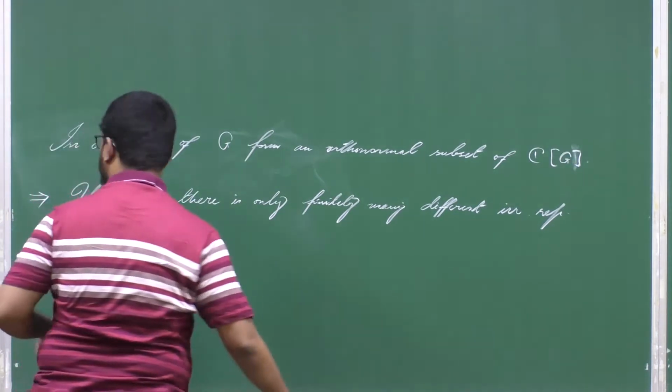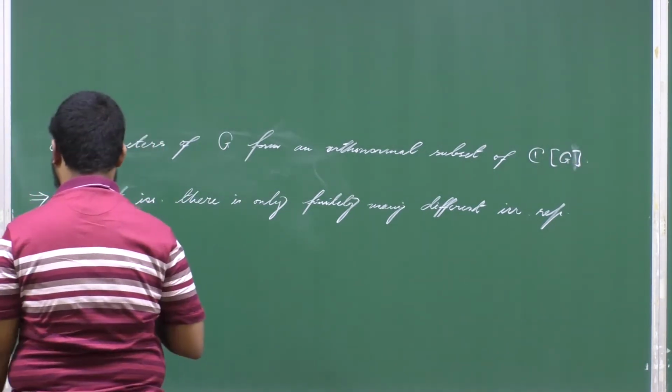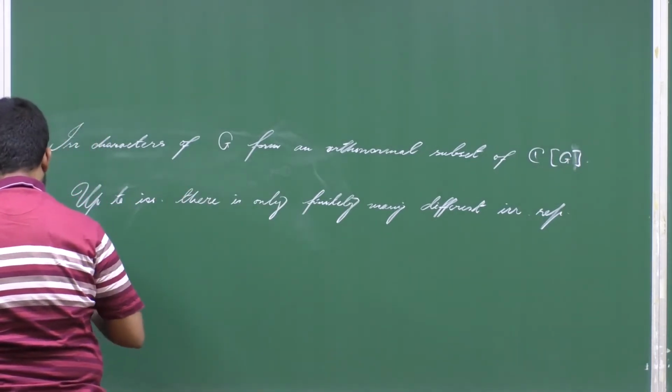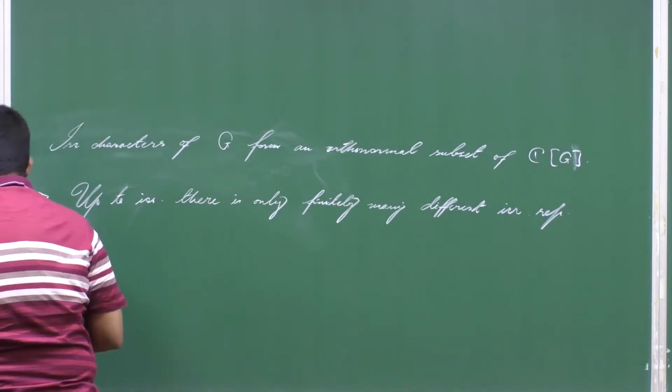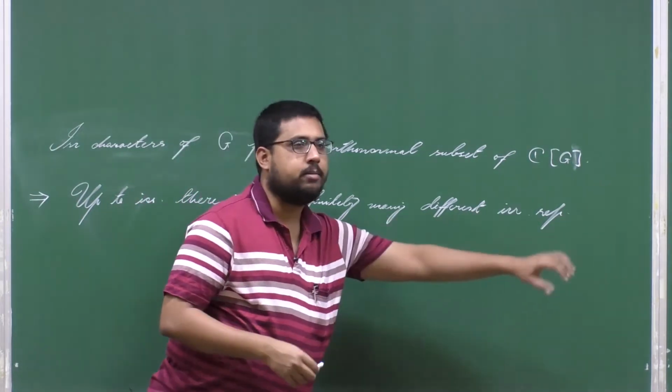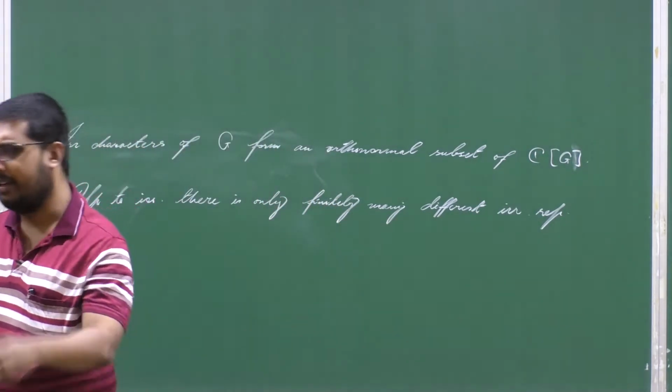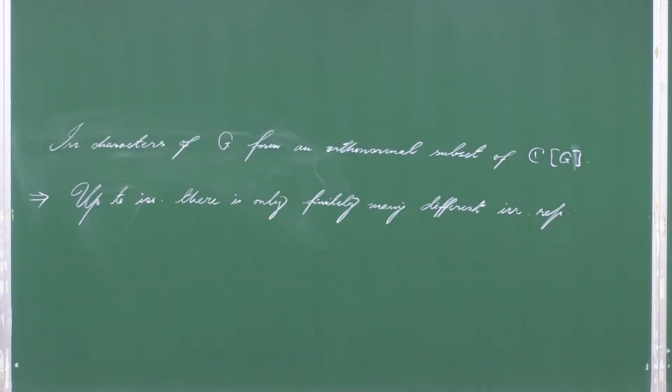So this is what we obtain. From now on, let's assume that we have only finitely many isomorphism classes, and we pick one from each class.